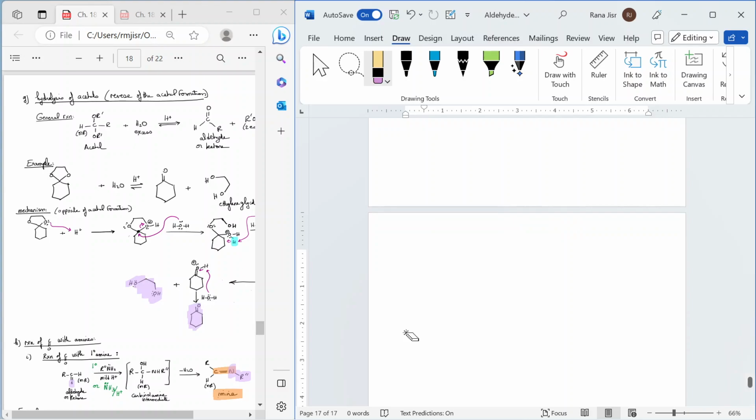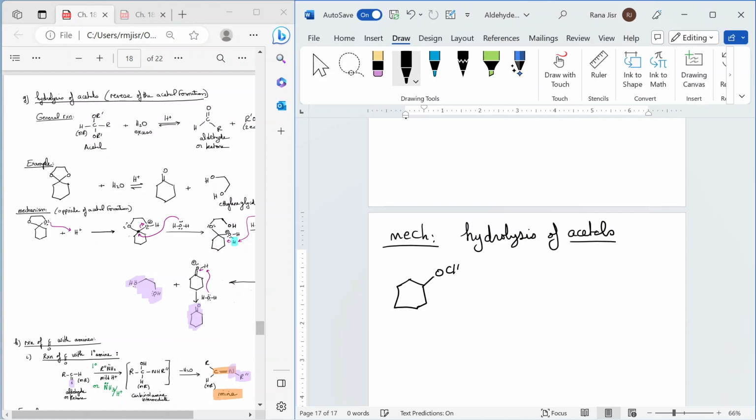So here we're doing the mechanism. This is the hydrolysis of acetals in acidic medium. The hydrolysis of acetal is the reverse of the acetal formation. You start with your acetal.